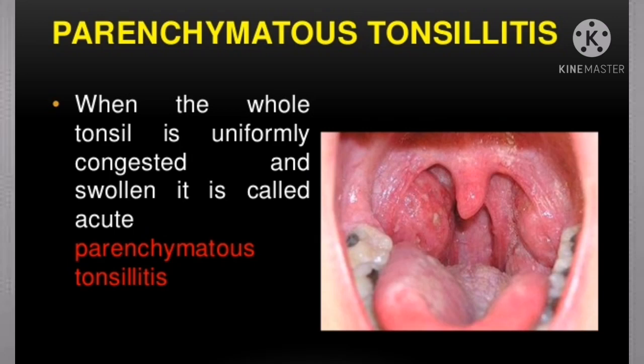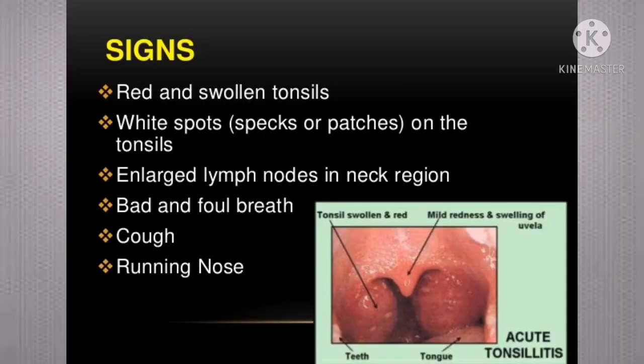When the tonsil is uniformly congested and swollen, it is called acute parenchymatous tonsillitis. In this acute parenchymatous tonsillitis, remember the word congested. The signs are red and swollen tonsils, white spots on the tonsils, enlarged lymph nodes in the neck region, foul breath, cough, and running nose.